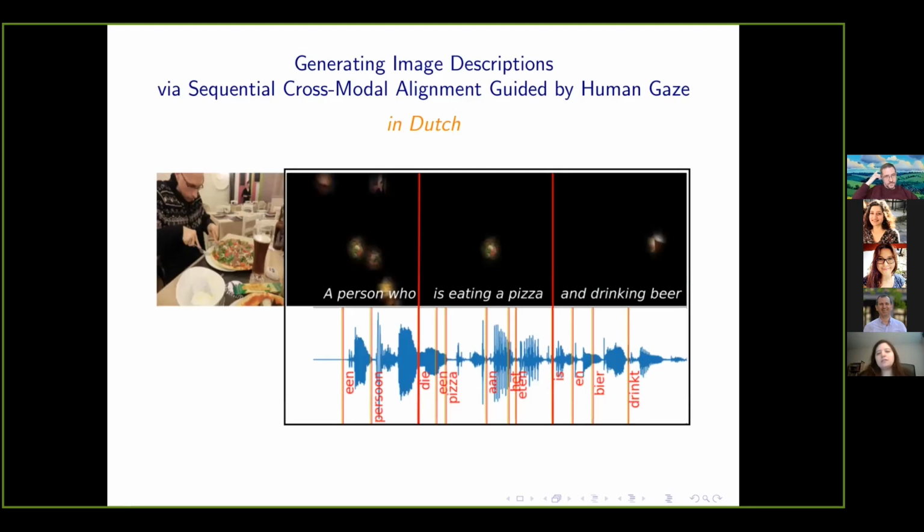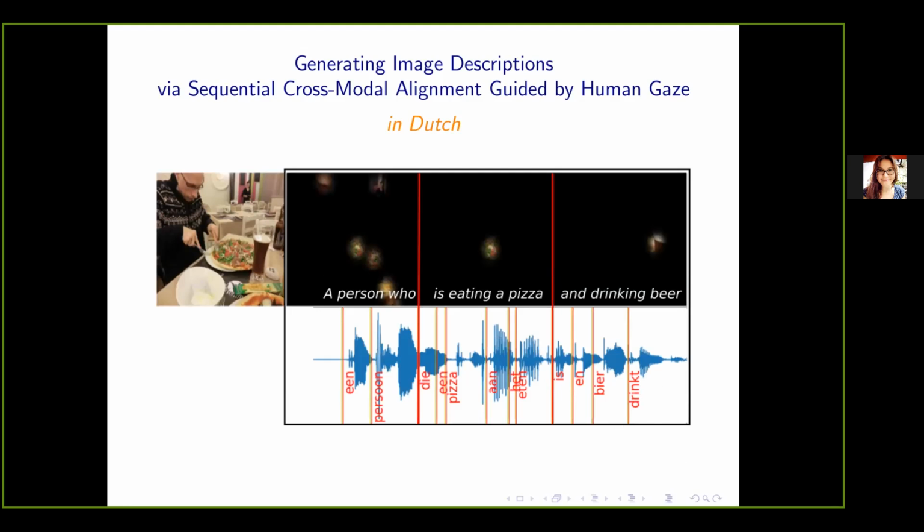When we are describing an image, there is a complex cross-modal coordination between visual processes and linguistic processes. Here we see visual processes in the first row, like looking at some parts of this image, and someone is describing this image. The linguistic production is shown here. Our eye movements are affected by the task.